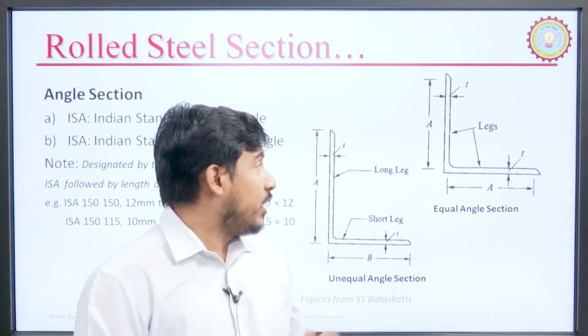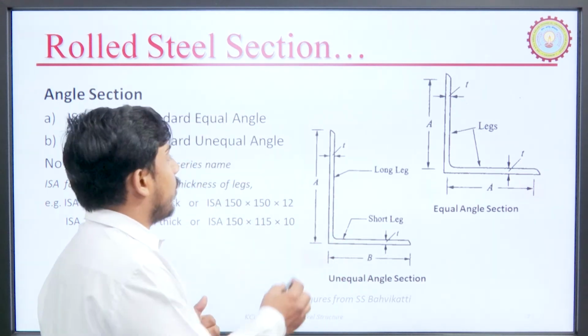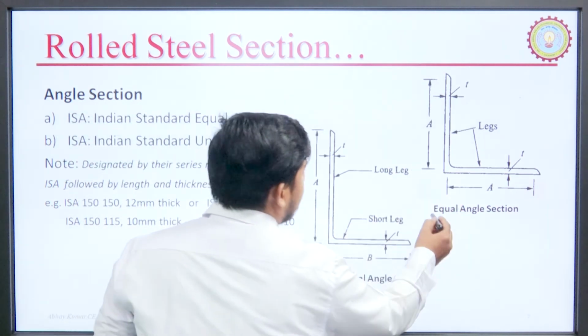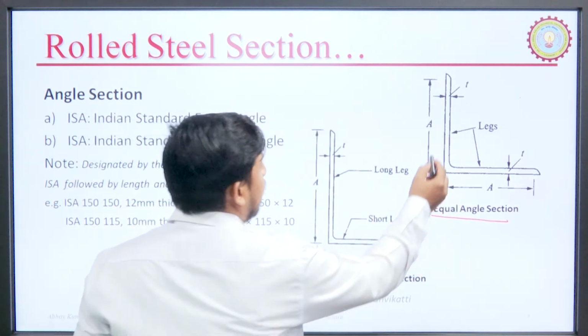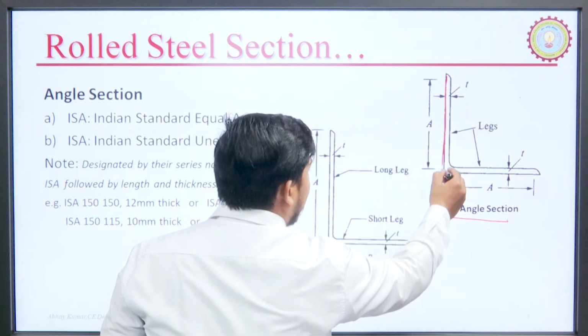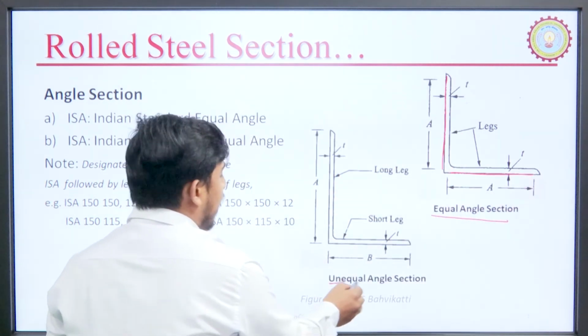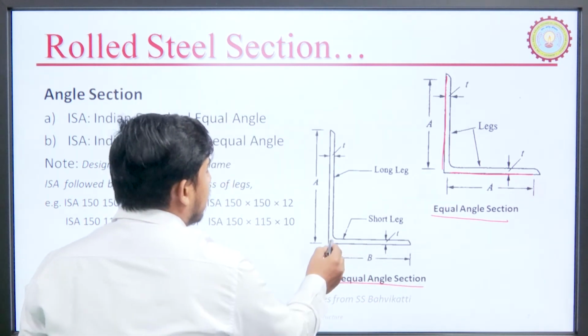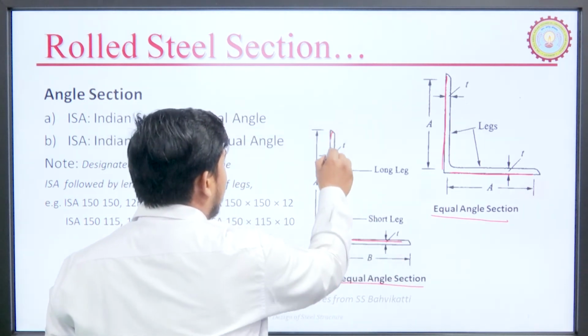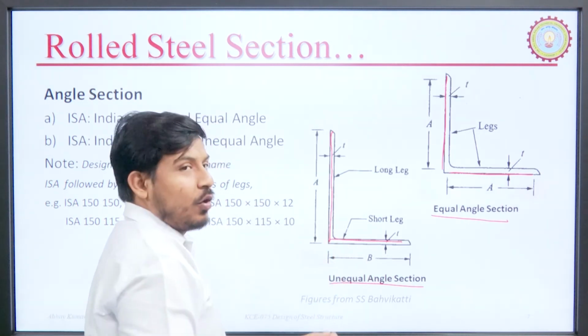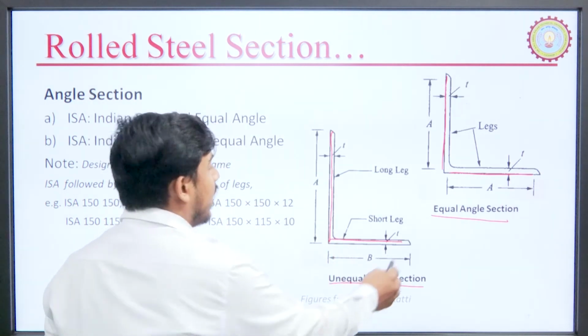What does it mean? Let me show this to you by this figure. For example, this is an equal angle section. It means that the length of its legs would be the same. Here is the unequal angle section. It means that one leg will be a bit longer or a bit shorter than the other leg.